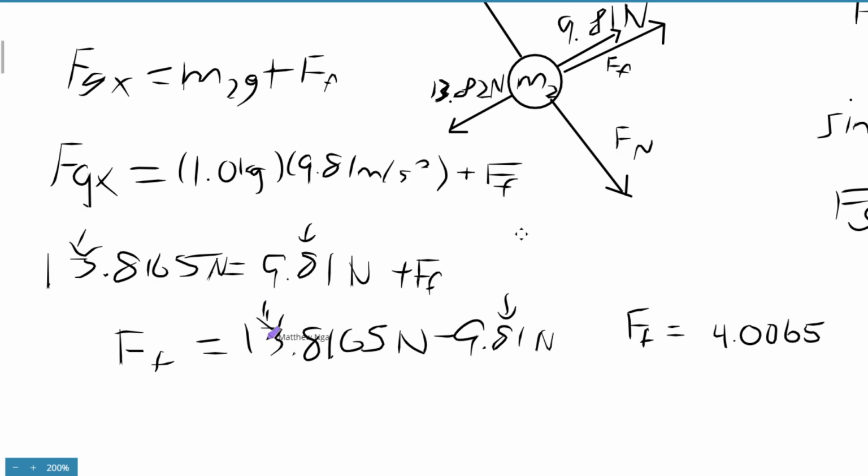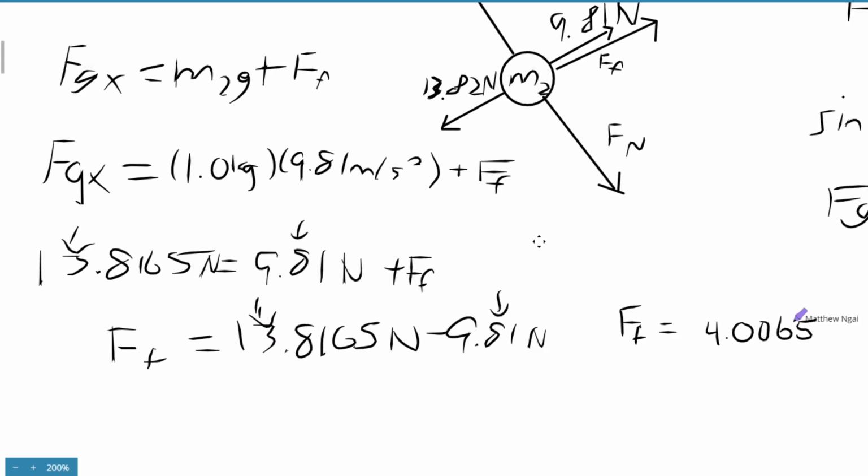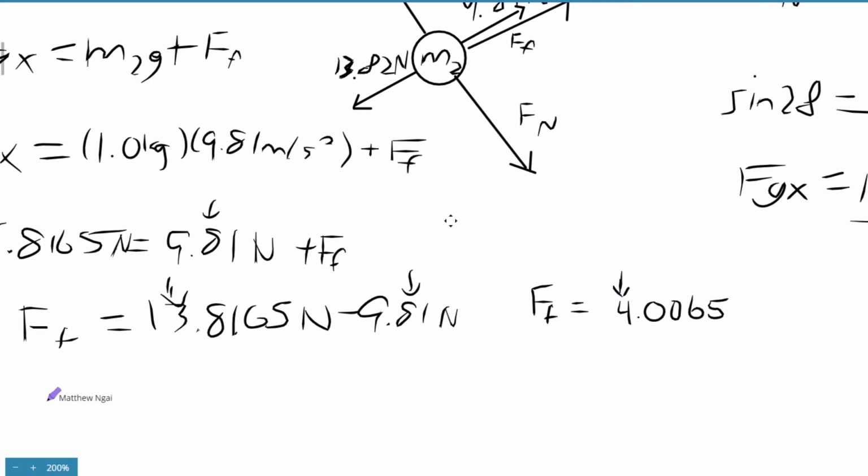Since the sig fig is on the ones place here and on the tens place here, we have to keep it to the ones place. So FF only has one sig fig. Morgan should have done a sig fig lesson, so if you don't understand that, blame him.